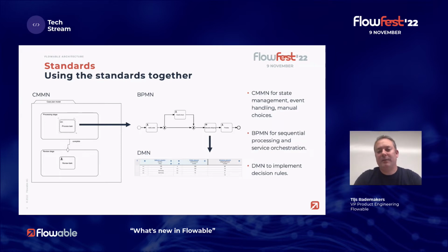And then DMN comes into the picture because there's often small bits or larger bits where you want to execute a little bit of logic, or you want to calculate, for example, go in this direction if I'm coming from a European country, go in this direction if it's a US country.